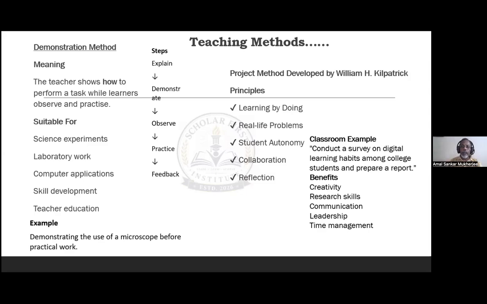In the classroom, we try to demonstrate exactly the use and functionality of a microscope and its different parts. That is shown by the teacher, and the students will observe and try to practice. So if the students become ready for handling the microscope, then they can be transferred to the laboratory for performing the experiments with the microscope. So that is very much useful for the demonstration method.